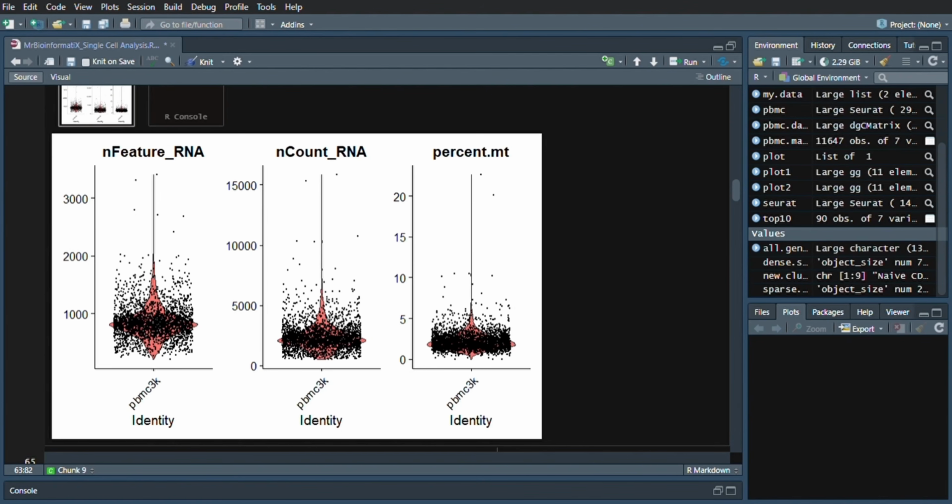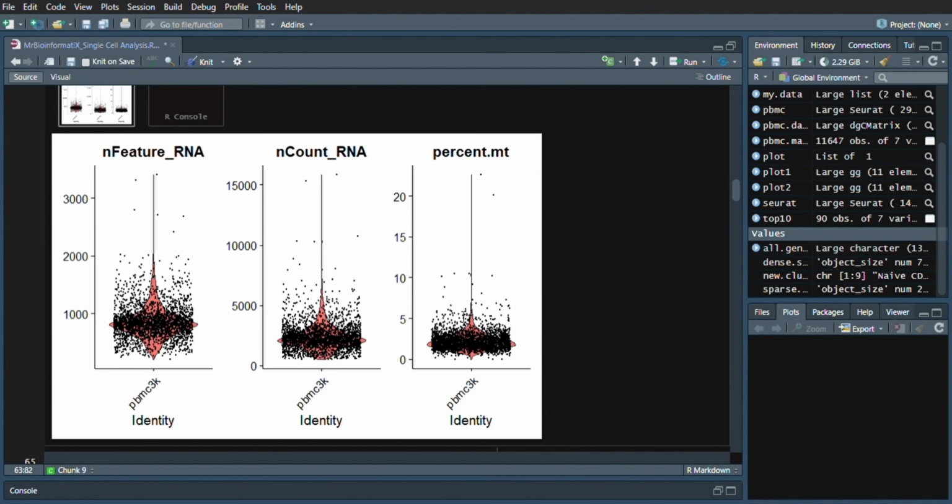From this plot, we can understand the distribution of RNA counts across cells and highlight any potential inconsistencies or issues in our data. And now, the third plot, which is percent.mt. As you can see, it illustrates the distribution of mitochondrial RNA percentages across all cells. The y-axis represents the percentage of RNA reads mapping to mitochondrial genes, with values 5%, 10%, 15%, and 20%.